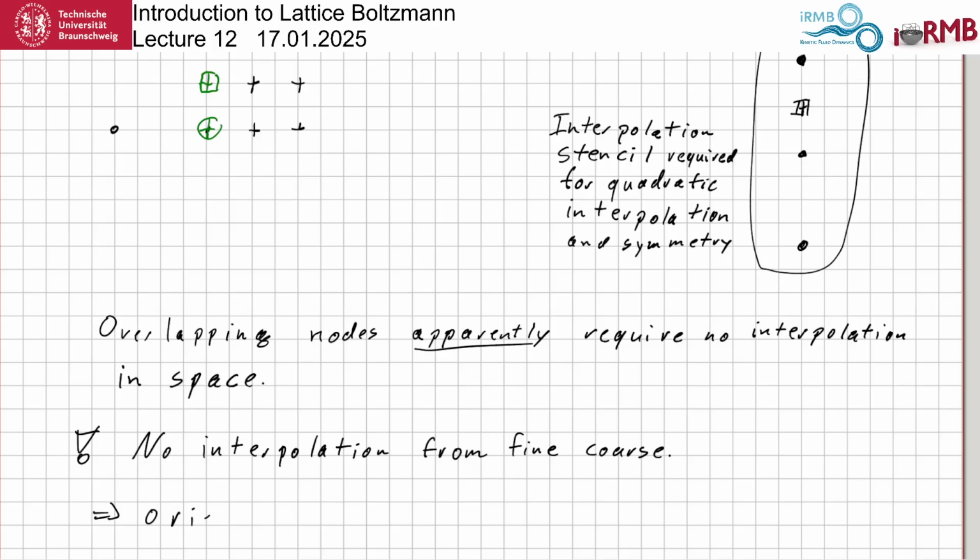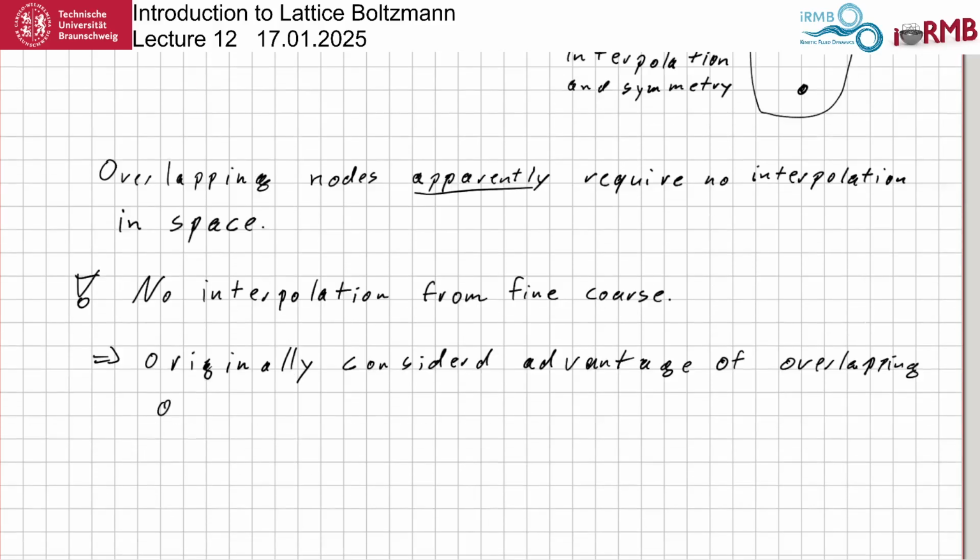Yeah. There are always things that sound good if you don't think a lot. If you think quickly, but if you think longer about it, the worse they become. So this is originally considered an advantage of overlapping grids over the staggered grids.